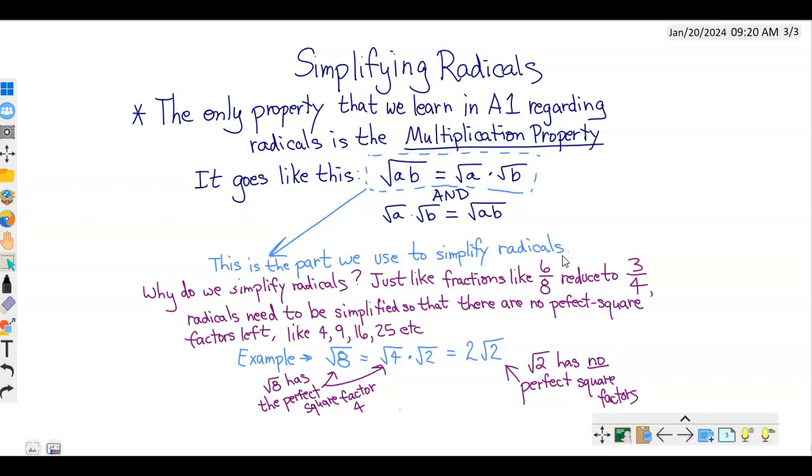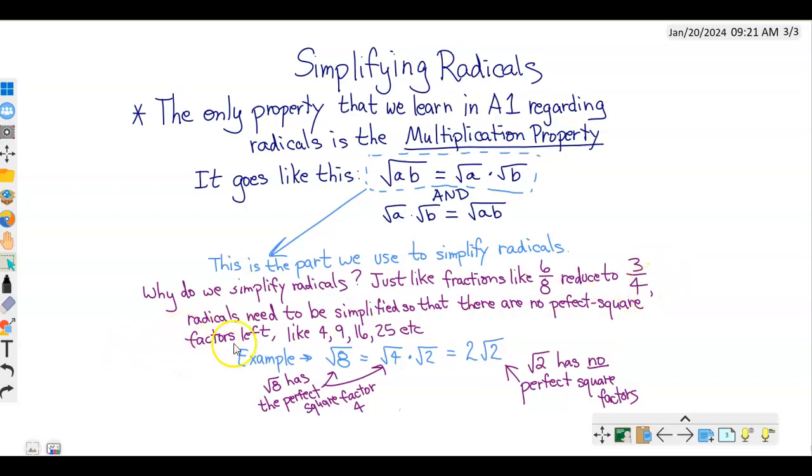Okay? So why do we want to simplify these numbers? Well, just like fractions, like 6/8, if you get a fraction as a solution to a problem and it's in a form like 6/8, you have to reduce it, right? Your teachers always taught you that. You want it down to its simplest form.